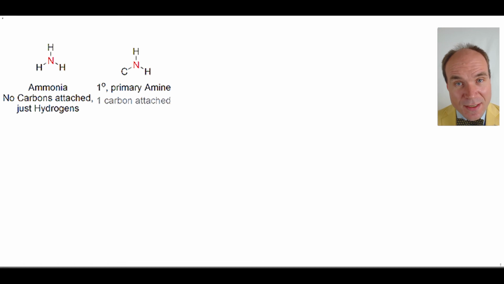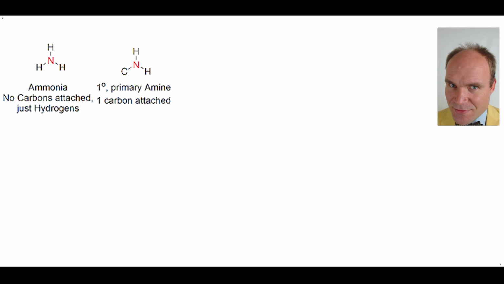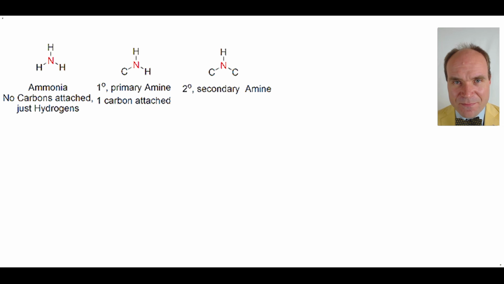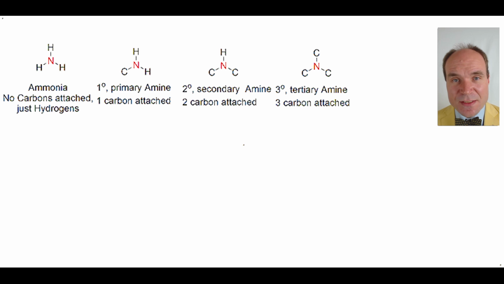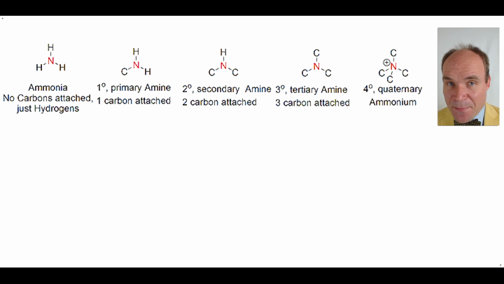It has one carbon attached to the nitrogen this time, not carbon. This is a secondary amine. It has two carbons attached to the nitrogen. This is a tertiary amine. It has three carbons attached to the nitrogen. Lastly, this is a quaternary ammonium, not amine, ammonium. It has four carbons attached to the nitrogen.